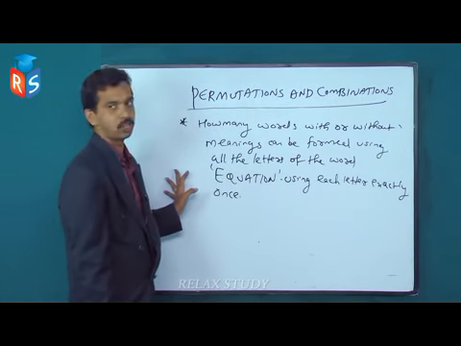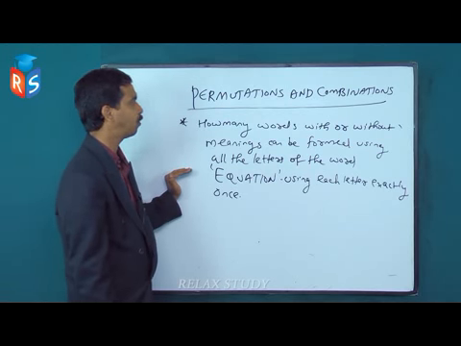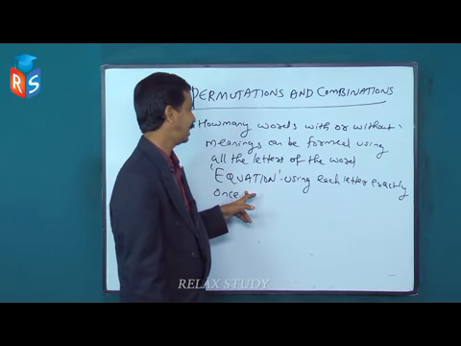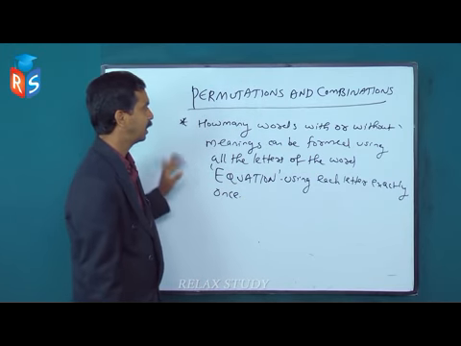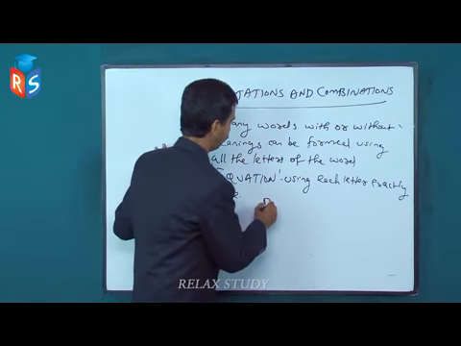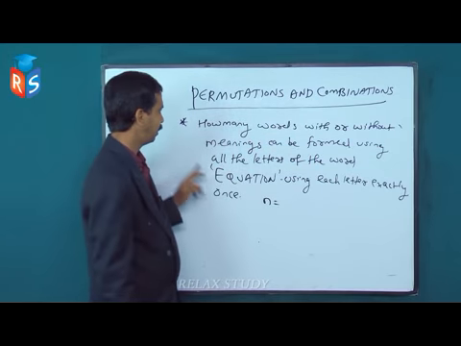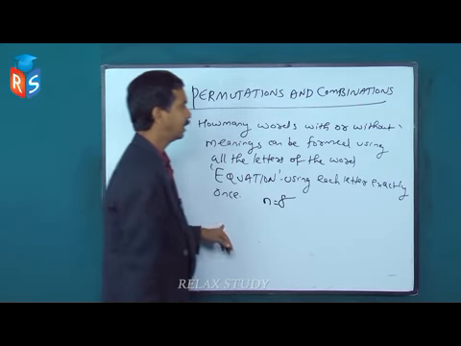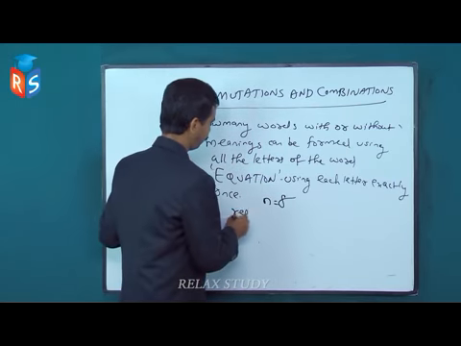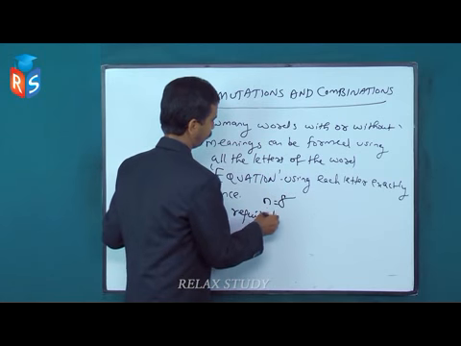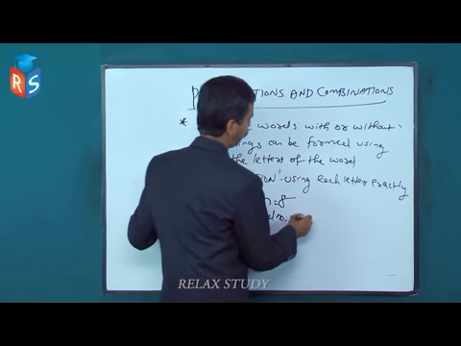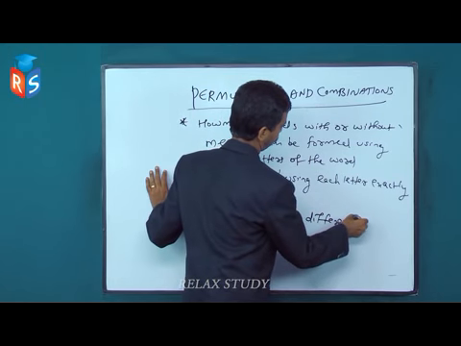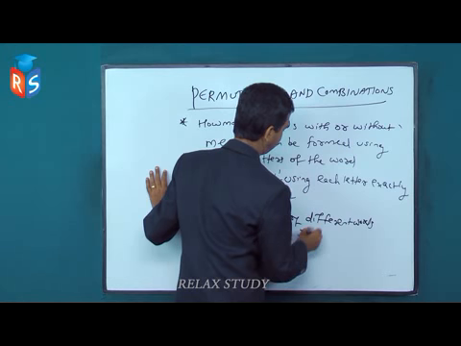How many words with or without meanings can be formed using all the letters of the word equation, using each letter exactly once? So, total letters are 1, 2, 3, 4, 5, 6, 7, 8. So, the required number of different words equals 8P8.